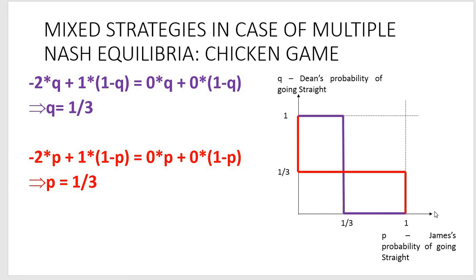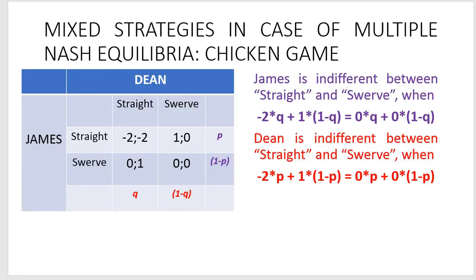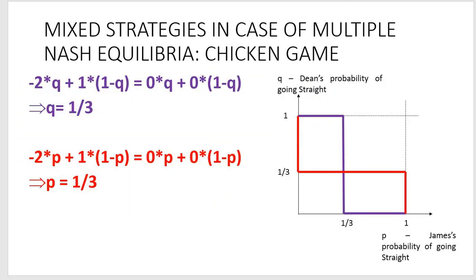However, if James' probability of going straight exceeds this critical value, then probably James will decide to go straight, and then for Dean it makes sense to swerve, because then it will be associated with higher payoff for him. Analogously, you can do the same analysis for James.